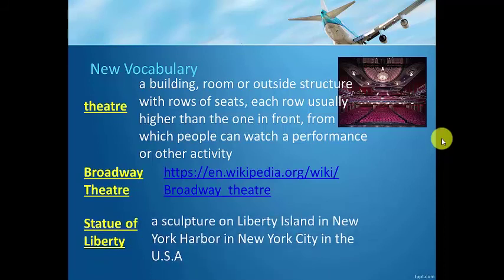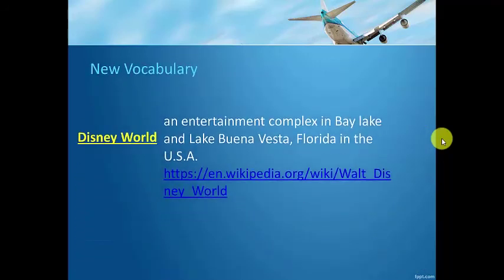The Statue of Liberty, a sculpture on Liberty Island in New York Harbor, in New York City, in the USA. And this is the famous picture of the Statue of Liberty. Disney World. Disney World is an entertainment complex in Bay Lake and Lake Buena Vista, Florida, in the USA.